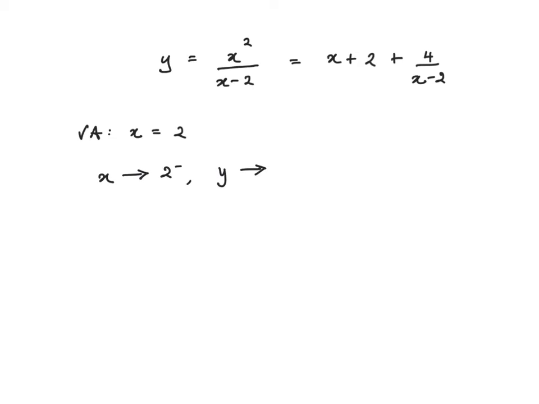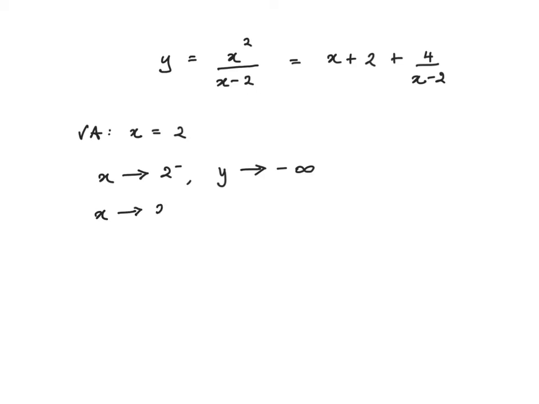So a value slightly smaller than 2, say 1.9 or 1.99, well, we're going to have a positive value on top, but because we're subtracting 2 from it, we'll have a very small negative value on the bottom. So positive value on top divided by a very small negative value gives us a very large negative value, so we're tending to negative infinity.